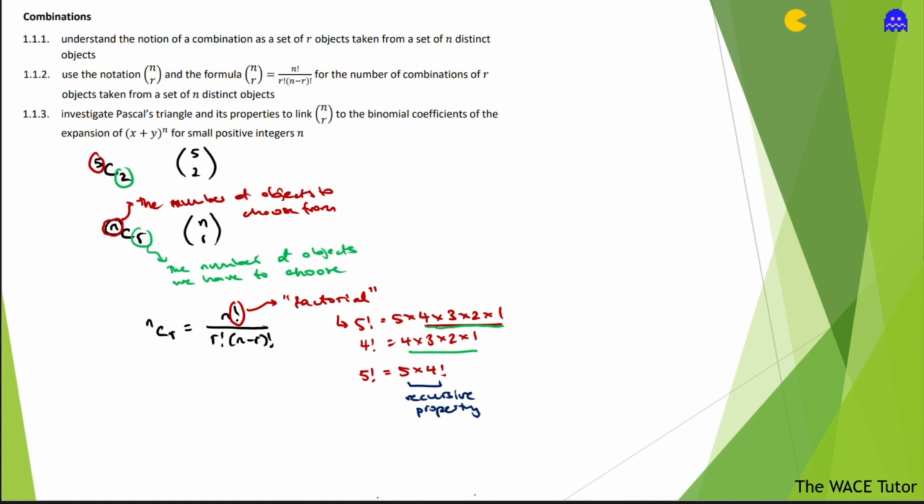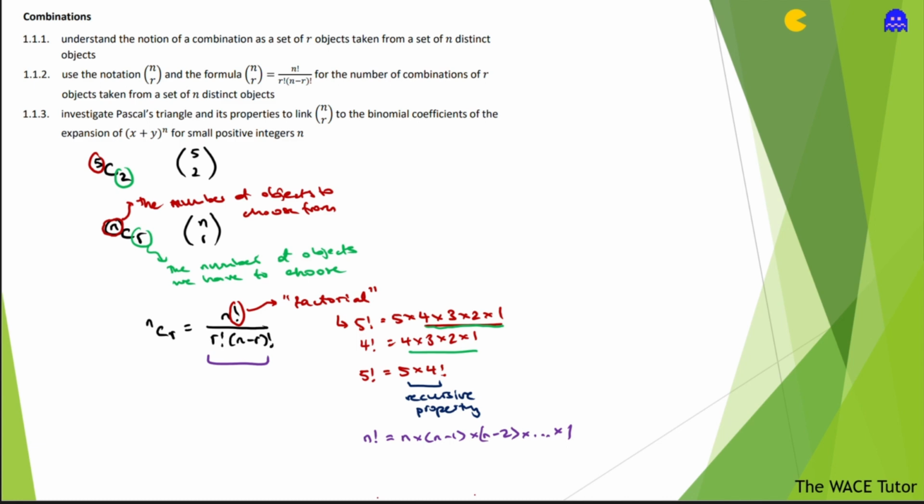If we wanted to generalize our factorial definition to n factorial, that's going to be equal to n times n minus 1 times n minus 2 times etc. You don't need to exactly understand why this definition works. It's just enough to be able to apply it.